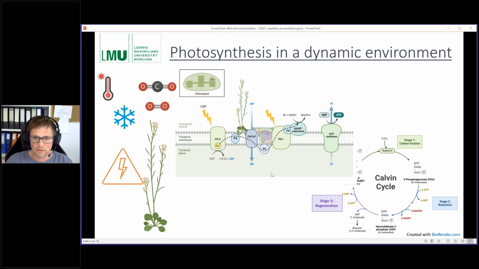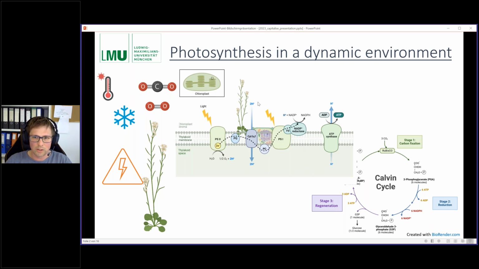This interplay matters a lot, and we see this especially if we perturb this system, for example, by changing the temperature regime or shifting the ratio of CO2 to molecular oxygen, because both are substrates for Rubisco. And due to its dual catalytic function, we also have to consider what happens to both products, 3-PGA and 2-phosphoglycolate, afterwards. So I will come back to this in a second.